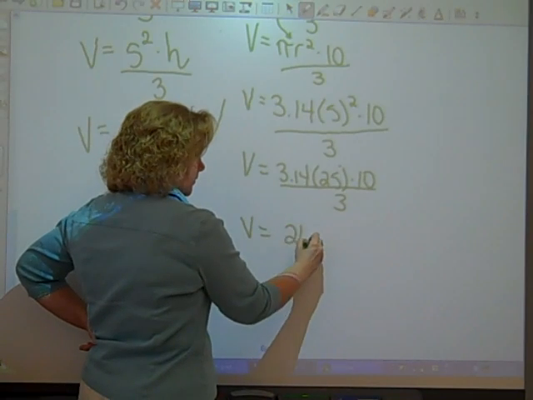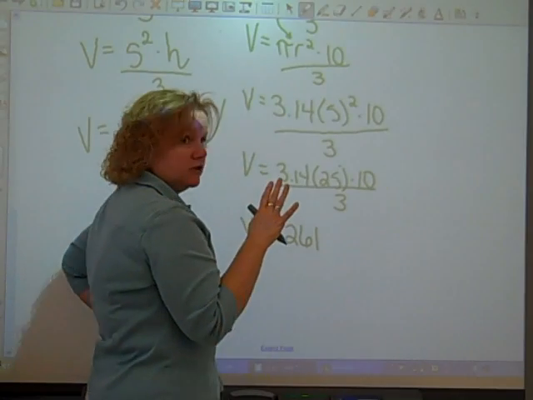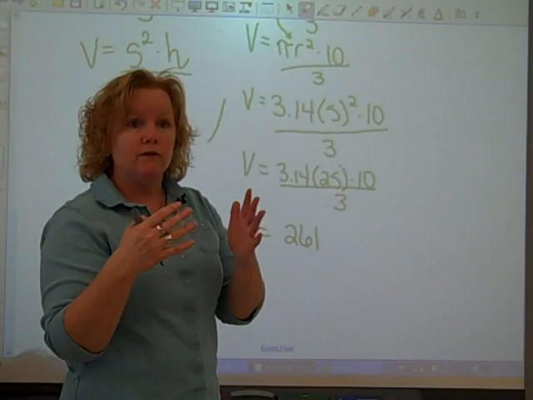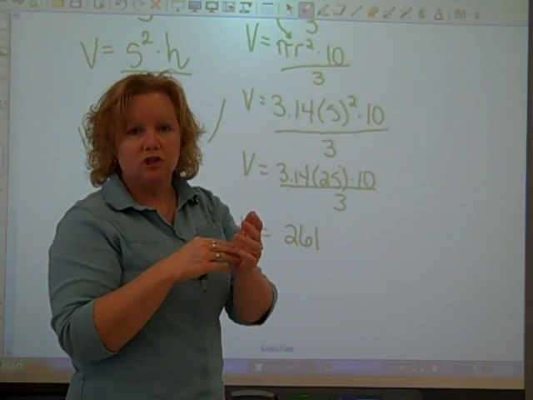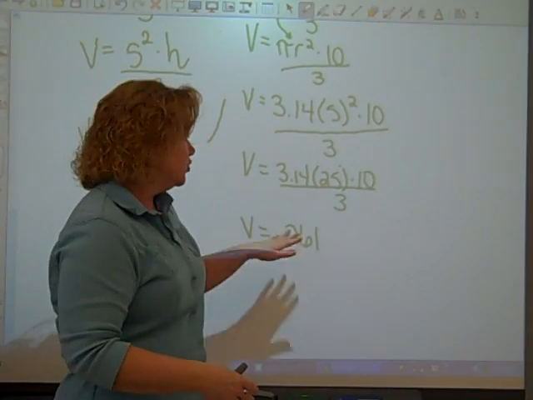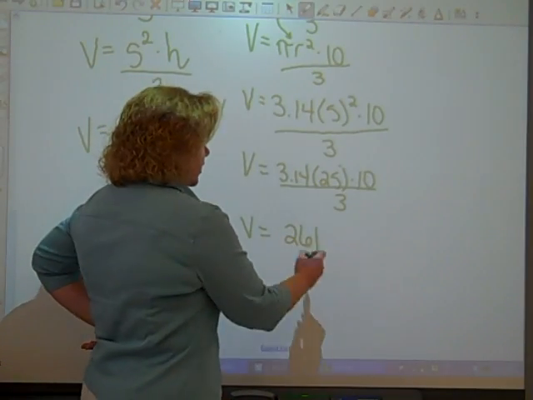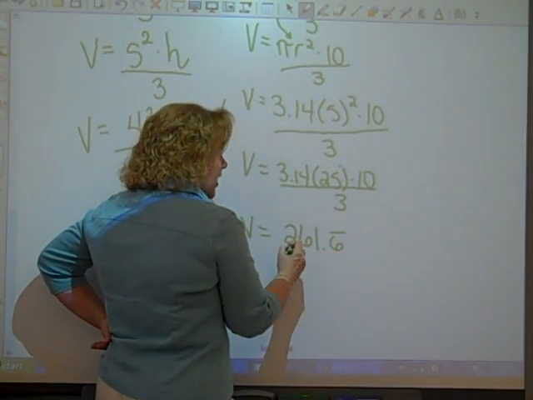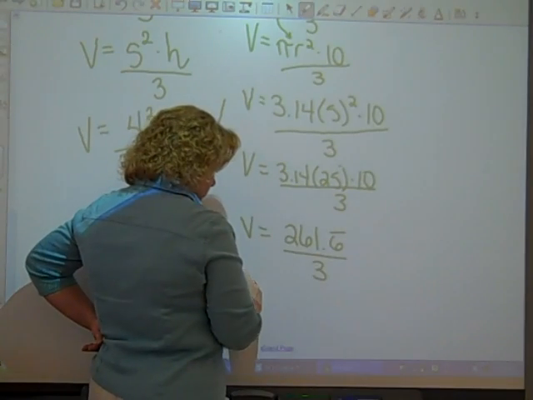Are you rounding it? Don't round until the final answer, because if you round within your problem, you end up rounding and then rounding again, and you get further and further away from the answer. So round at the end. What does this really come out to be? 261.6 repeating. Leave that in your calculator so that you have all those 6's.